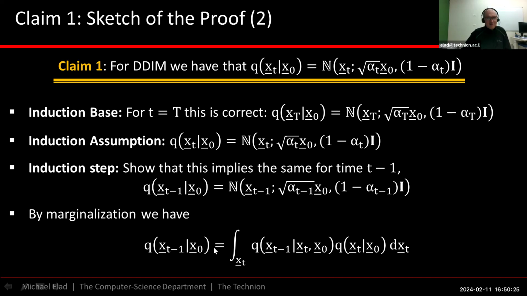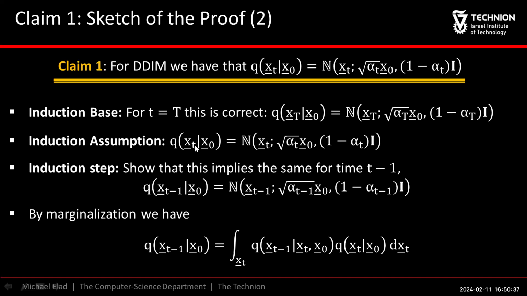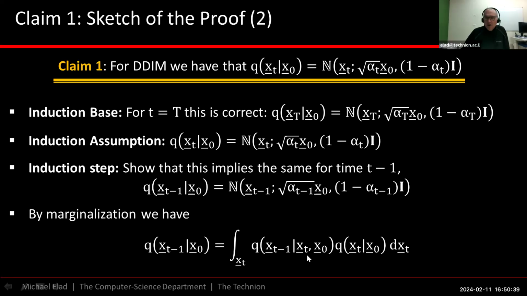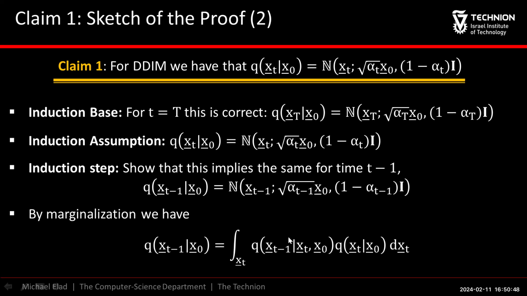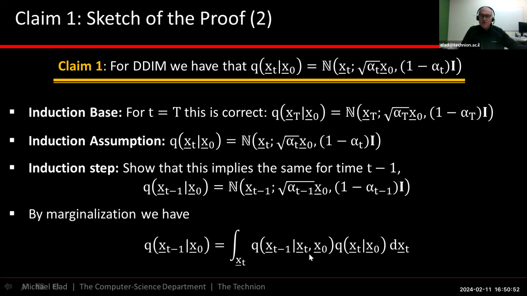Now, let's have a look. Q of XT given X0. What do we know about it? It's a Gaussian, just because of the induction assumption. Okay, what do we know about the Q of XT minus 1 given XT and X0? Also a Gaussian. This is the very first equation I've shown you for DDIM.